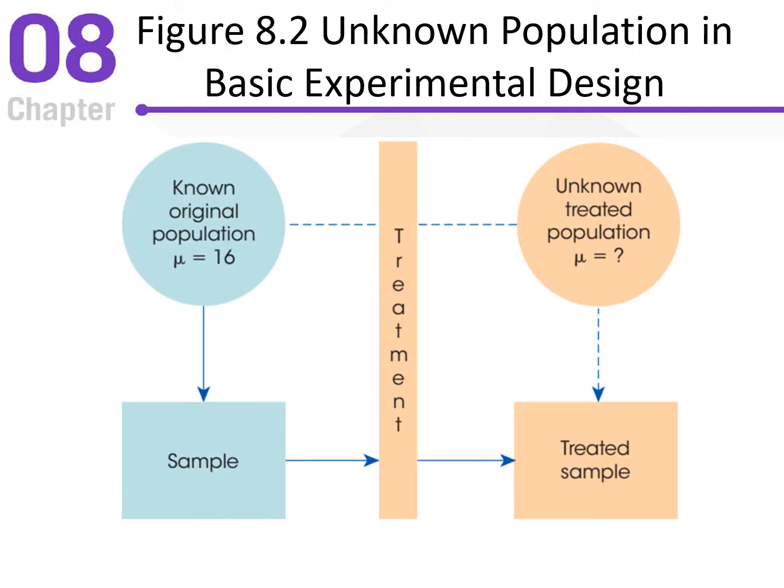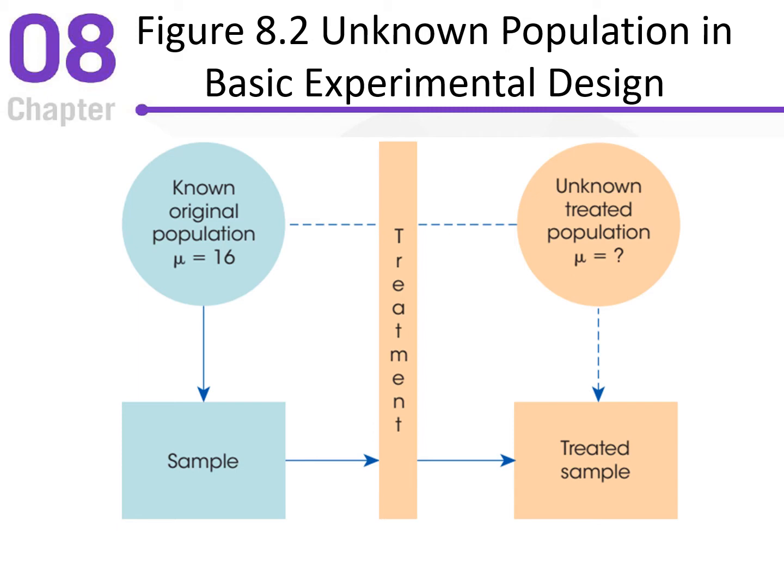So based on the sample that we take from the original population, and then use the intervention on, we are going to infer that the sample after the intervention represents a different population, a population where the treatment actually works, so where people are different than the original population that has a mean of 16.